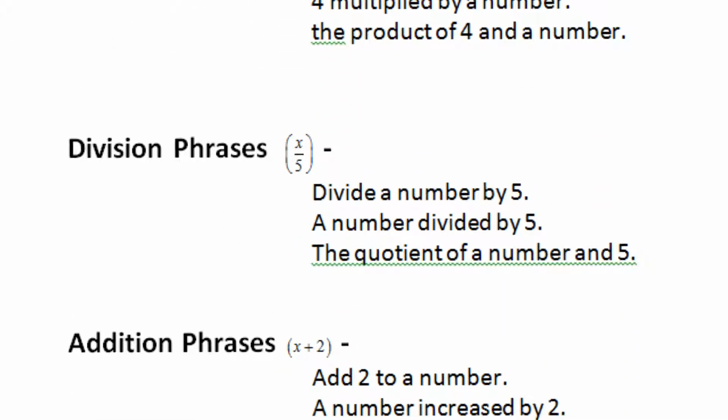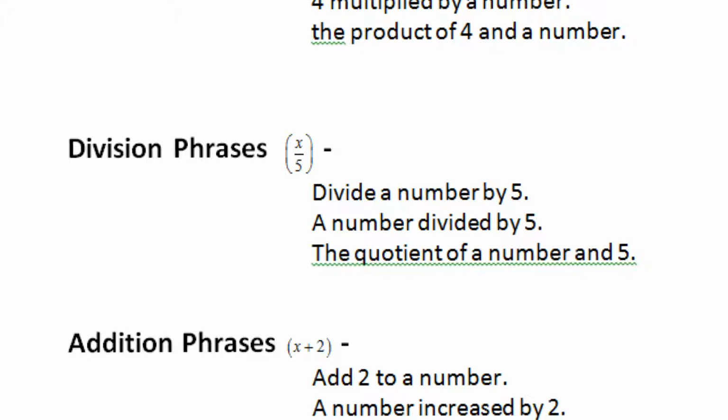For division, you guys have a fraction, x over 5, or x divided by 5. You guys can say divide a number by 5. And remember that the words a number mean a variable. Usually we use x, but you can use any letter in the alphabet, a P, or you guys can use an M or an S, but you guys need to choose one variable, and that's what's going to represent a number.